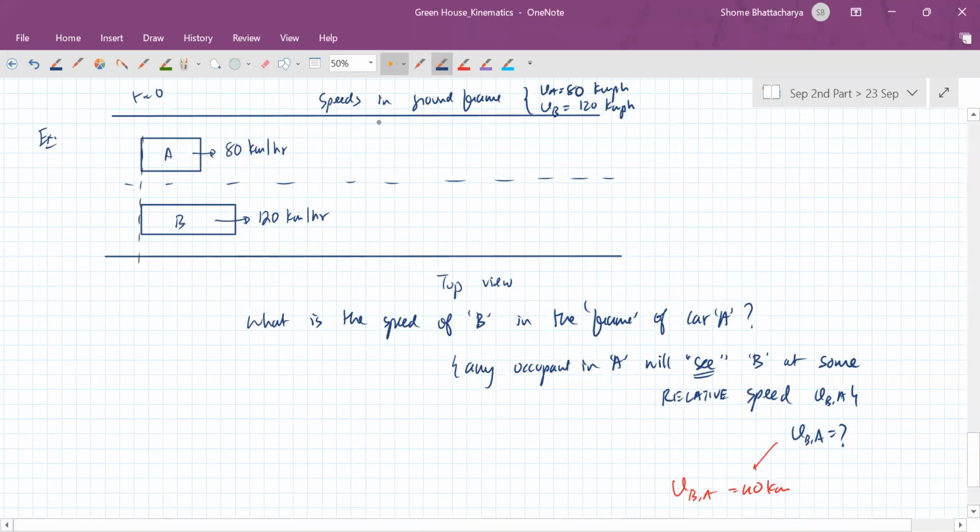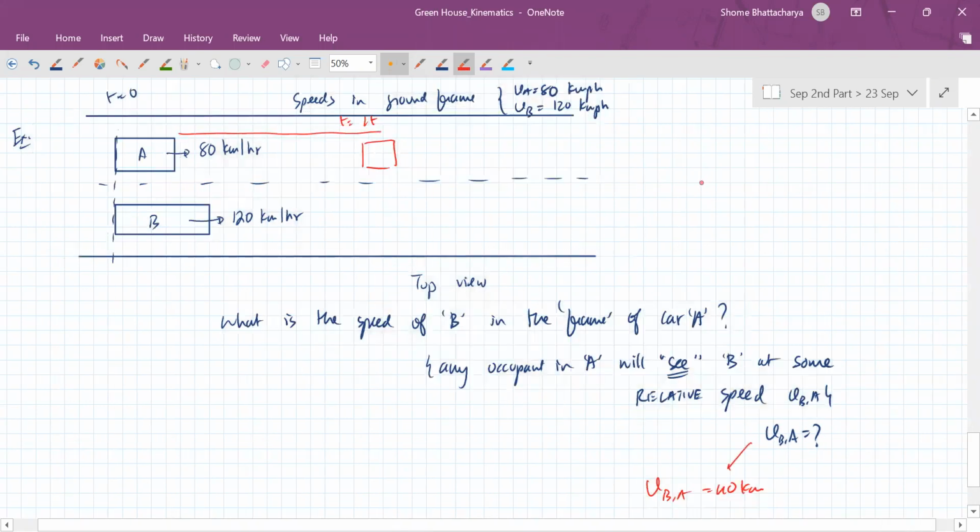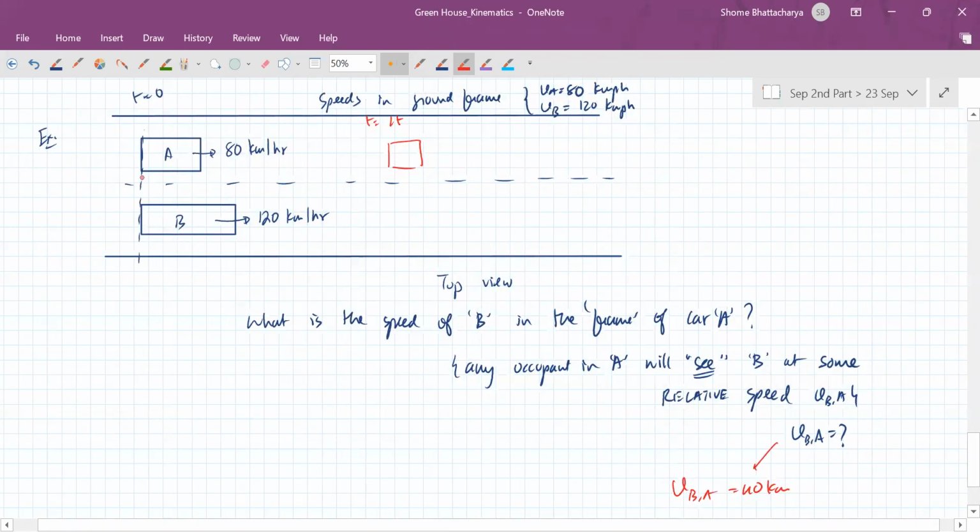Now after some time, let's say t equal to delta t, A has reached somewhere here, but B has reached somewhere here, let's say, which is going at 120.